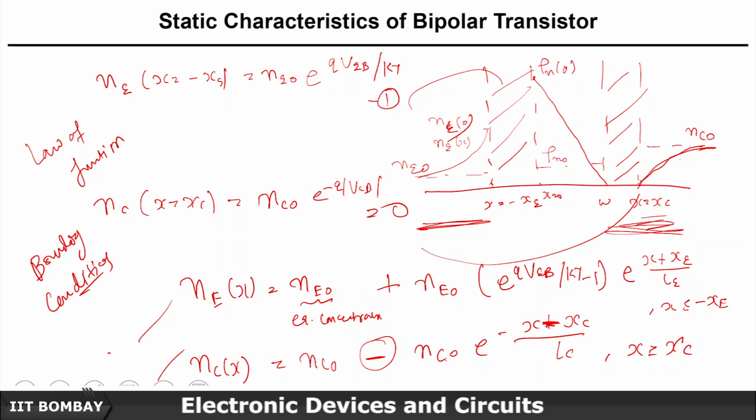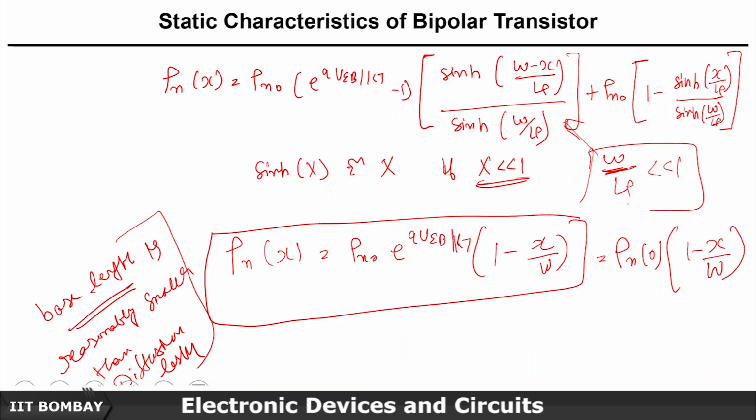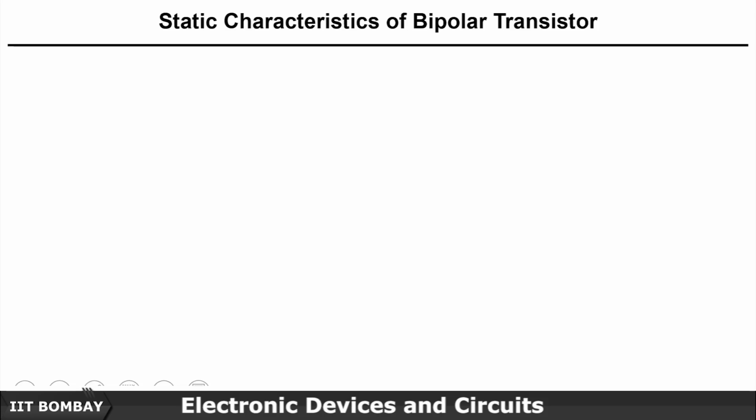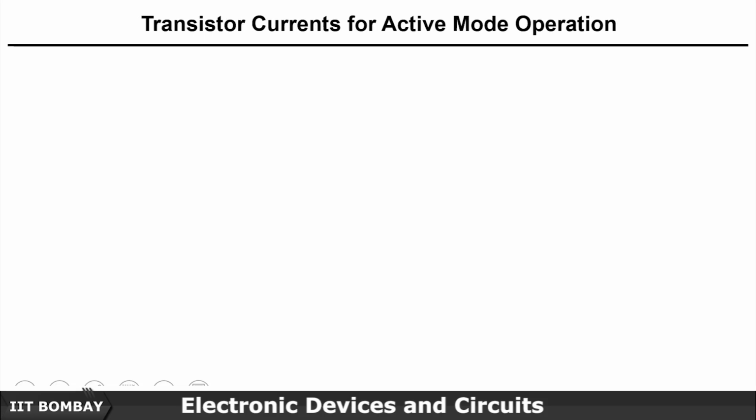Now the objective of this distribution of charge carriers was to calculate the diffusion current, right? Once we know this distribution profile, then we can calculate the current. So let's do that. We know the expression for diffusion current from previous lectures: I equals minus q A D p times the derivative of this whole profile in space.